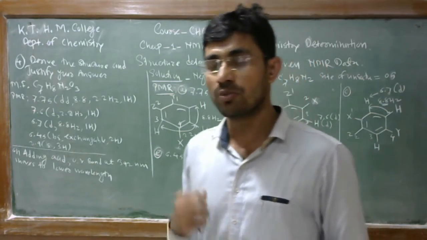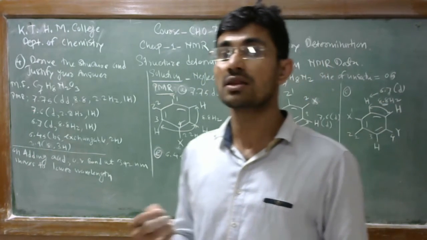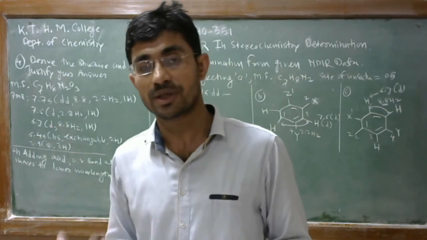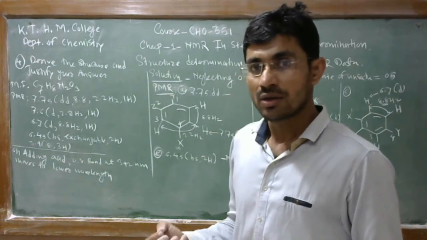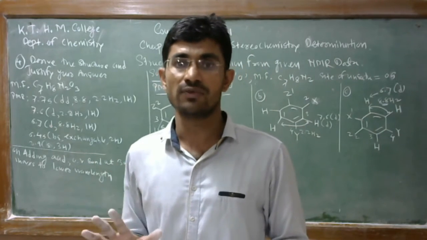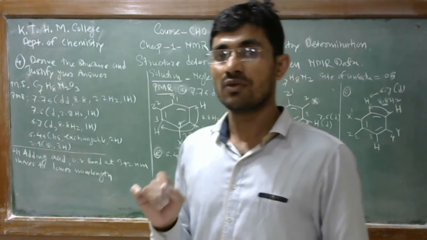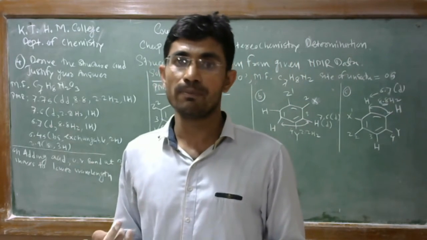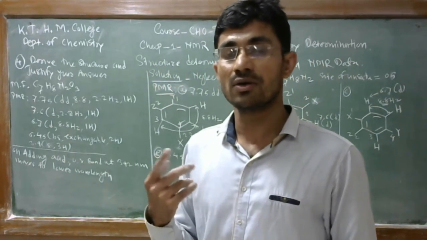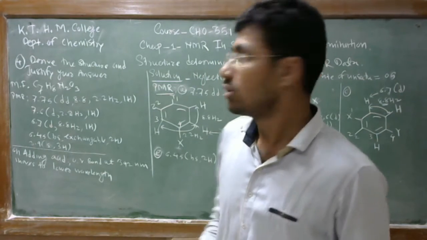And in the remaining one group maybe one set of unsaturation is present. So in our possible structure, how many sets of unsaturation are present? 5. For the aromatic ring, 4 sets. So the remaining one may be present in the remaining group that is attached over the aromatic ring.